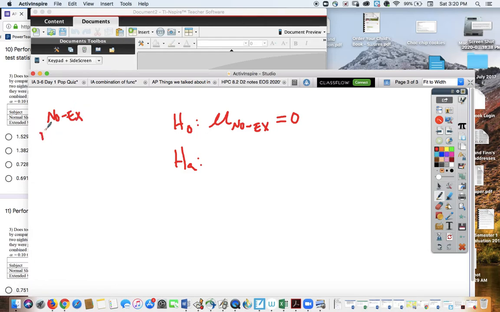Normal sleep scores were going to be higher. So if we're taking a higher number minus a lower number, we should get a positive difference. So the alternative would be the mean of the difference of normal minus extended would be greater than 0.